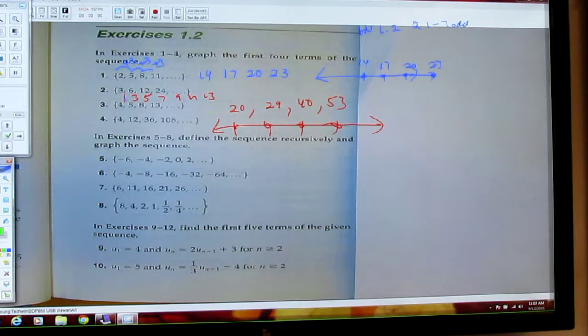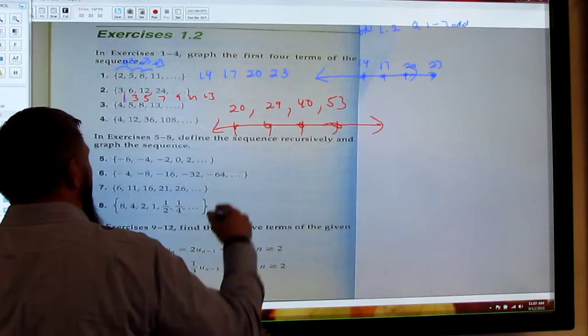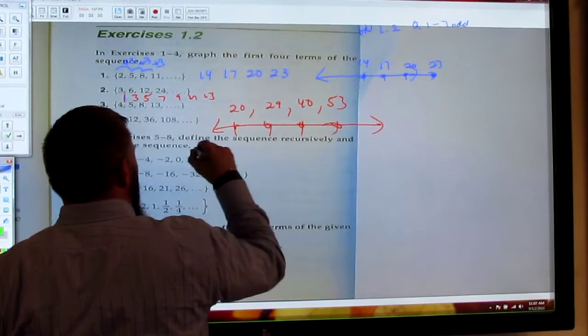So can you pick up the recursive sequence? What's happening here? It's going -6, -4, -2, 0, and 2. It's going plus 2. That doesn't seem that hard, right? So it's a plus 2.